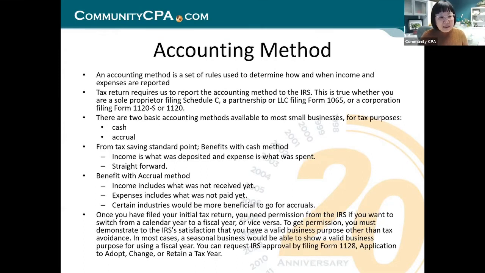From a tax saving standpoint, the benefit of cash method. The tax saving on cash method is really straightforward. For a small business owner, you literally use your bank statement. You would figure out how much money you made, what expenses went out, what income came in.